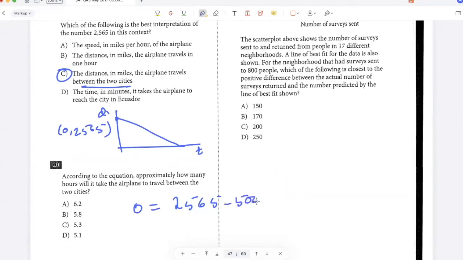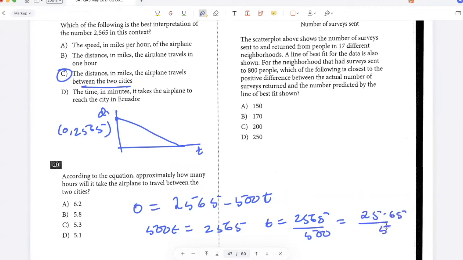So 500t is 2565. So t is 2565 by 500, which is 25.65 by 5. 5 5s are 25, 5 1s are 5, and 3, 5.13, so 5.1.